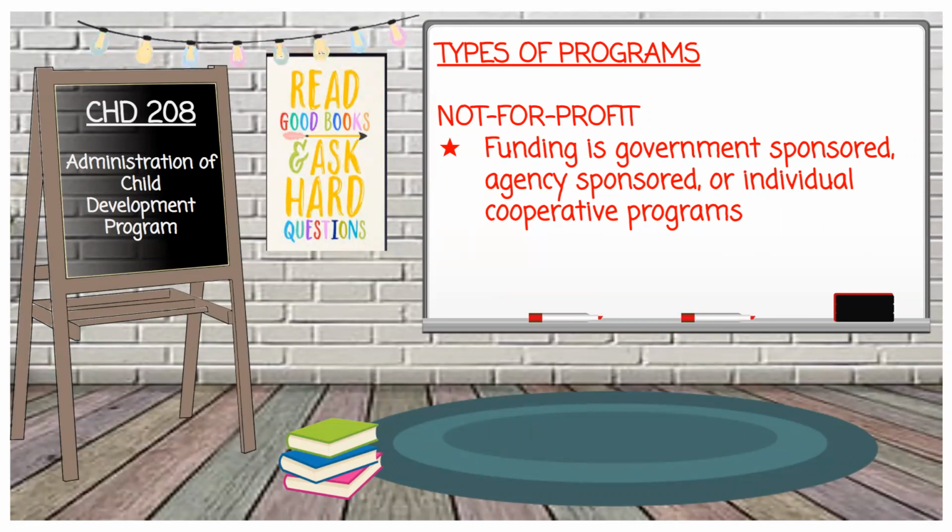The Lakeside School in Eufaula is a not-for-profit organization, okay? They are agency sponsored and individual cooperative sponsored, meaning that the families fund that along with individual foundations. In the Dothan area, maybe Houston Academy, Providence. Those are some examples of probably a not-for-profit program.